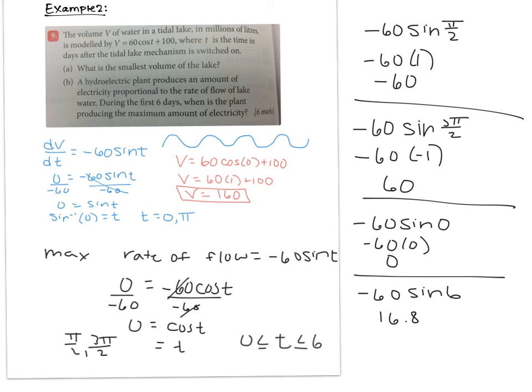The answer to when is at 3 pi over 2. That is the time it is producing the most. We could find out how many days that is by doing 3 times pi divided by 2, and that gives us technically after 1.57 days.